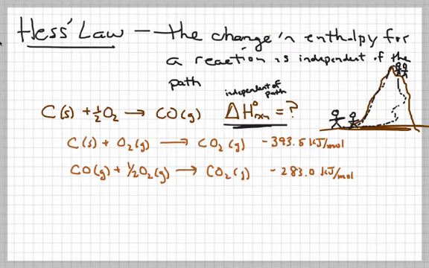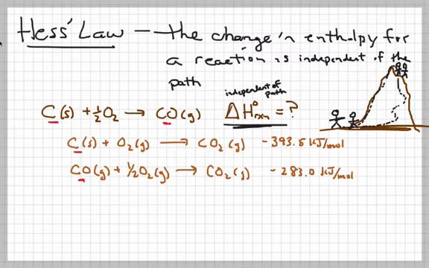Well, how is this going to help us determine the enthalpy change for the original reaction that we're interested in? You'll notice that carbon graphite appears on the reactant side of the equation of interest, and in this first equation for which we actually know the enthalpy change. Carbon monoxide, however, is a product in the reaction we're interested in, and it's a reactant in this reaction for which we happen to know the enthalpy.